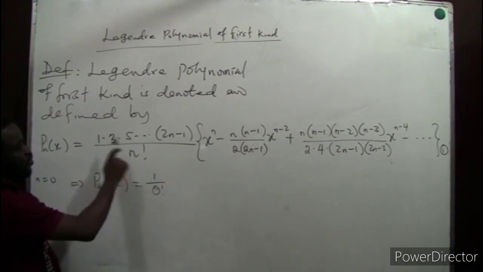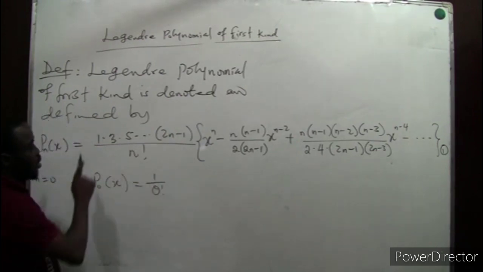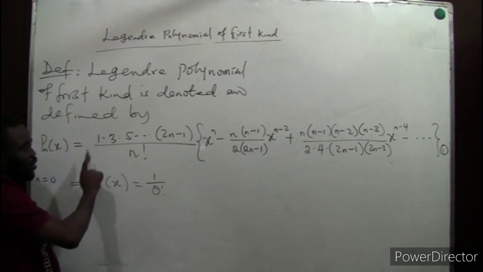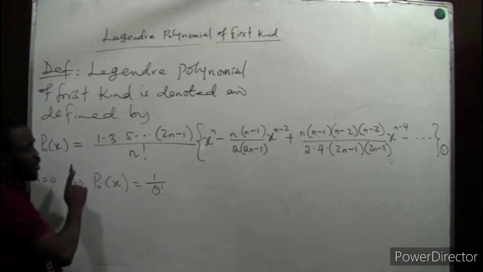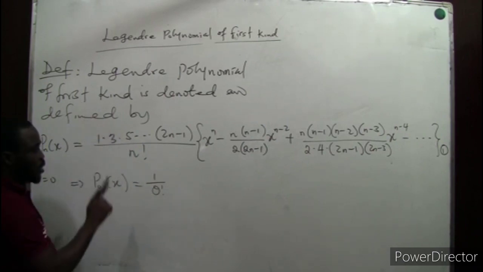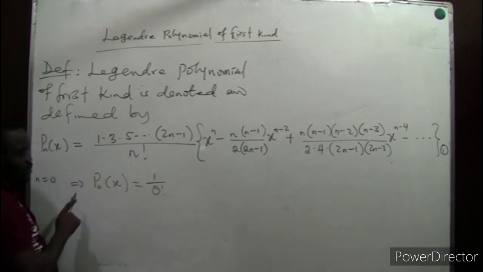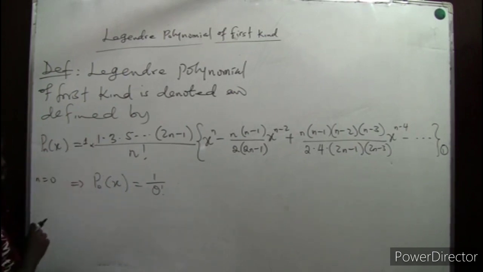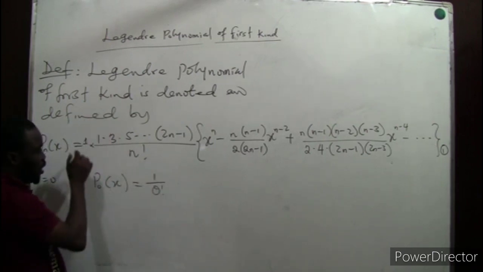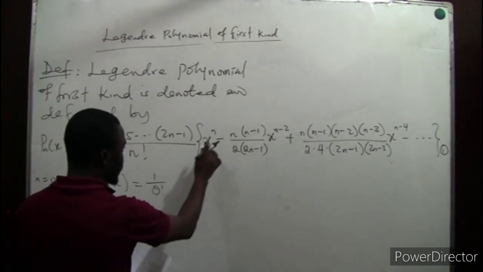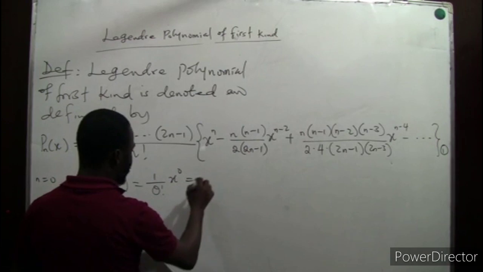The answer is no. What we have here denotes the first term, second term, third term. Our second term will be the product of 1 and 3, and the third is the product of 1, 3, 5. Now, this is a 0th term. How do we generate that? If I multiply the whole of this expression by 1, it does not have any effect. So the one I have at the numerator here is the one I have used to multiply all. Then the result is x raised to the power 0, and that gives us 1.